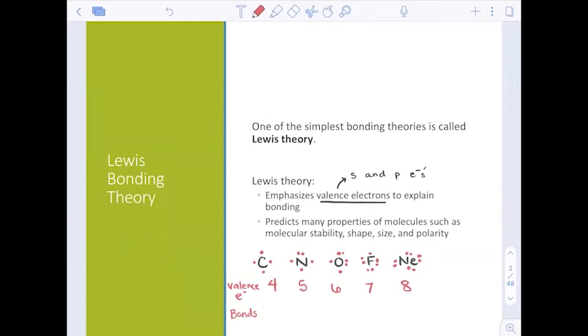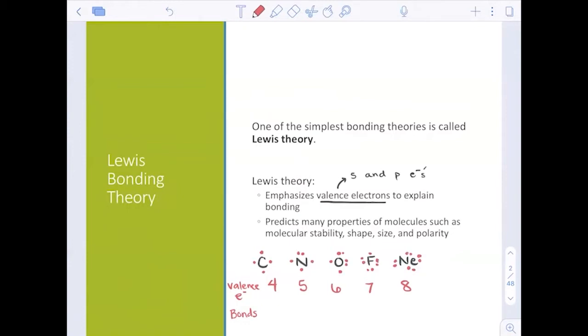Typically, now this isn't always true because we'll see some exceptions today, but typically when we think about our covalent compounds, we can look at the number of valence electrons they have and predict how many electrons they need to reach the octet, and that need tells you how many bonds they typically like to make.